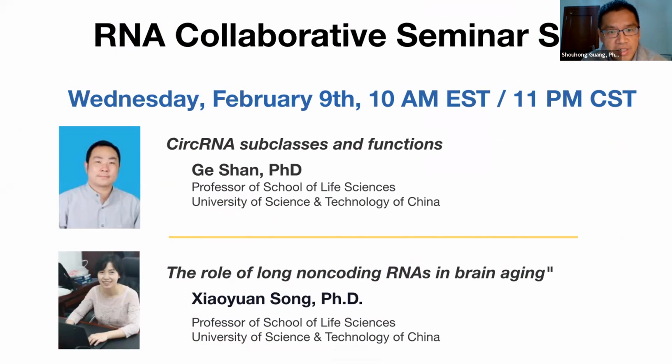After that, he joined USTC as a faculty member in 2010, that's 12 years ago. His lab has been studying non-coding RNAs for more than 10 years, especially non-coding RNAs and circRNAs. So let's welcome Ge. It's your turn.